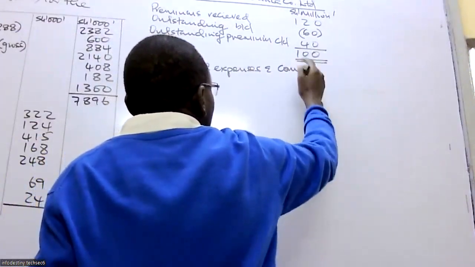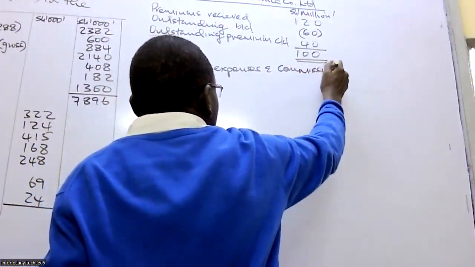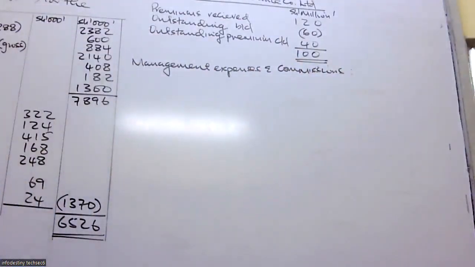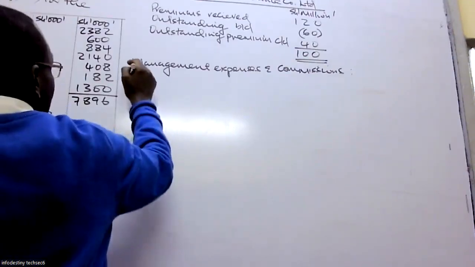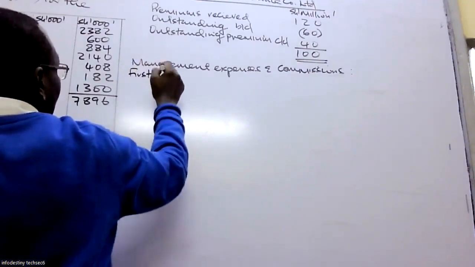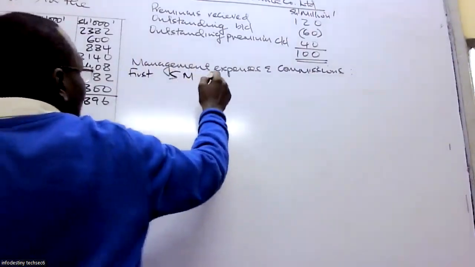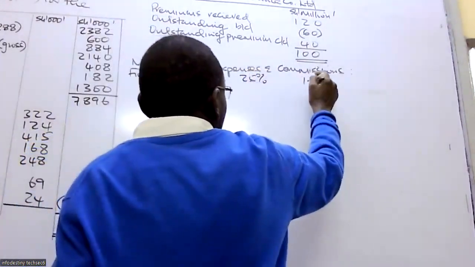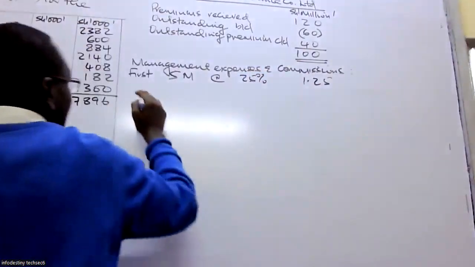So what is permitted under the Insurance Act? For you to do that, you have to remember the scale. It will not be given in the exam. The first 5 million management expenses should be 25%, which gives you 1.25 million.